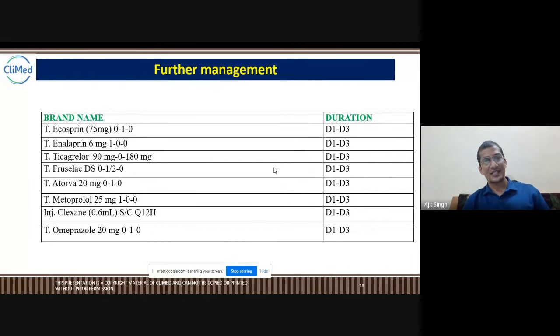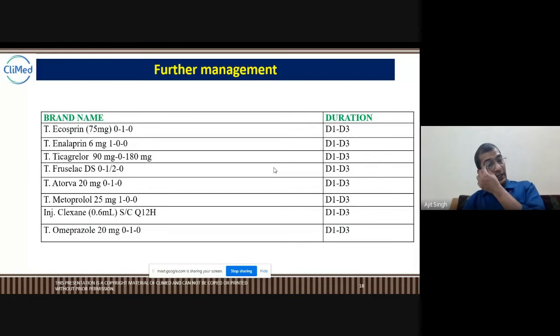Clopidogrel has less efficacy than ticagrelor, but cost effectiveness matters, because if the patient is not taking the tablet at all due to financial problems, then what is the use of ticagrelor or clopidogrel? In that case, we always prefer clopidogrel. But nowadays ticagrelor has come down to 25, 26 rupees, so we use ticagrelor in most patients. Still, for patients who are BPL or whose financial problems are really tough, who cannot afford the medications, we go for clopidogrel.